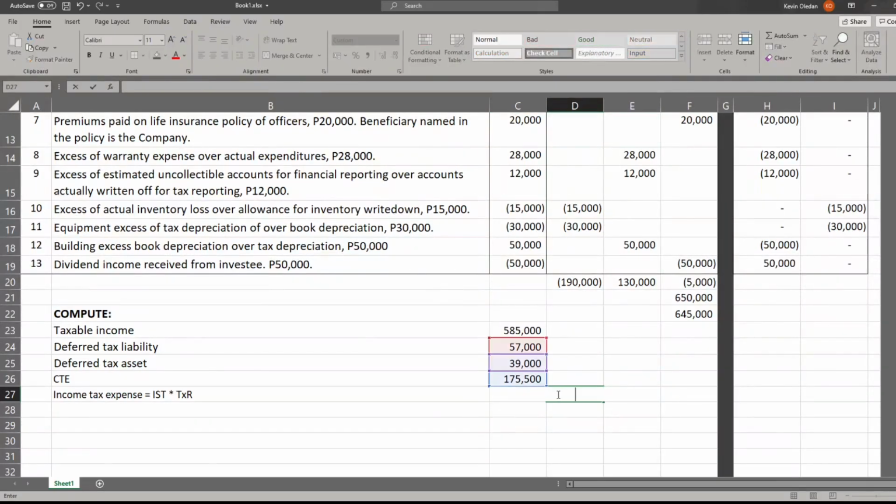Positive na lang lahat. Pero alam nyo ang effect neto sa income tax expense. Income tax expense, 193,500 plus deferred tax liab minus deferred tax asset. That is your income tax expense. Nagkamali yung formula ko kanina, guys. Sorry. 193,500 components.